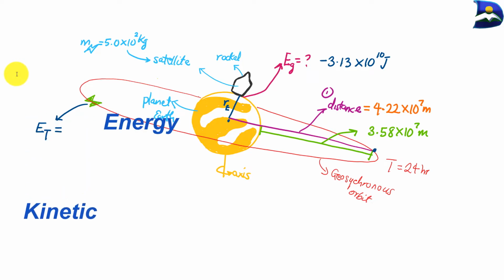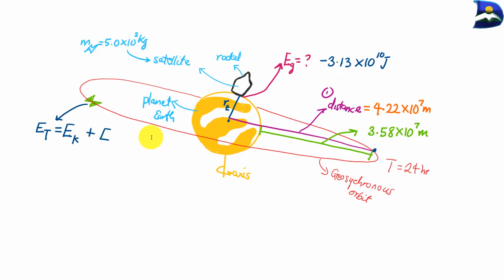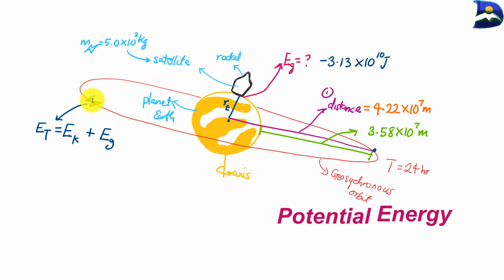One is the kinetic energy of the satellite positioned on the geosynchronous orbit, but we also need to consider the gravitational potential energy at that particular orbit relative to the central mass, which in this case is Earth.